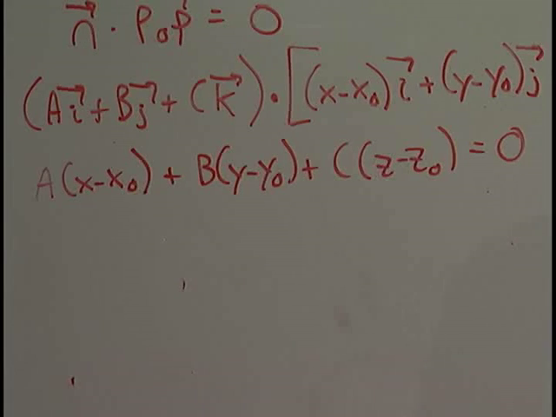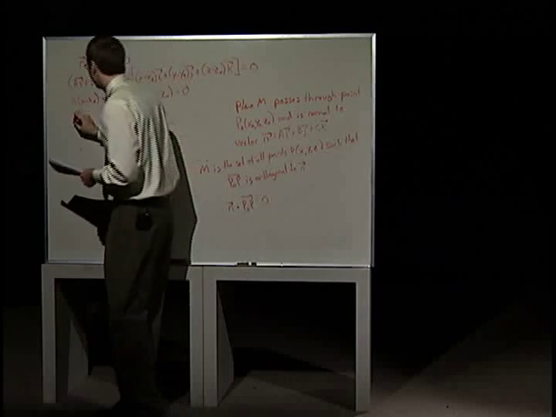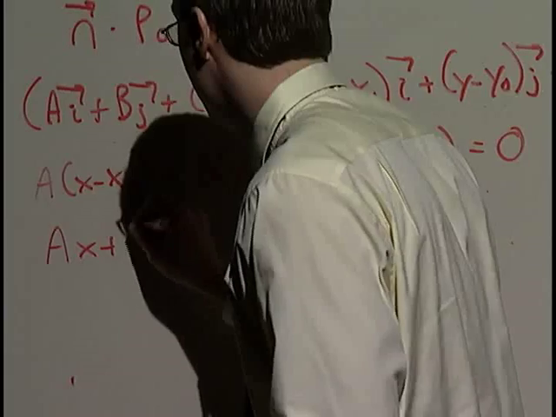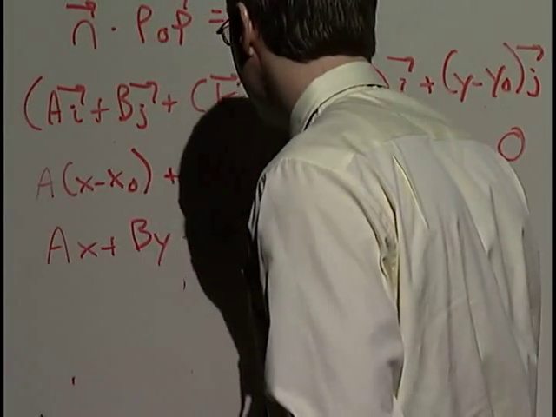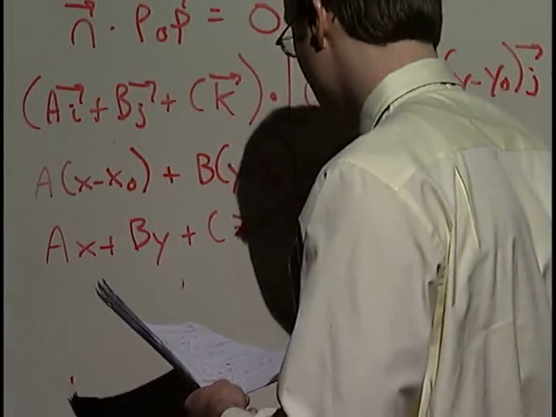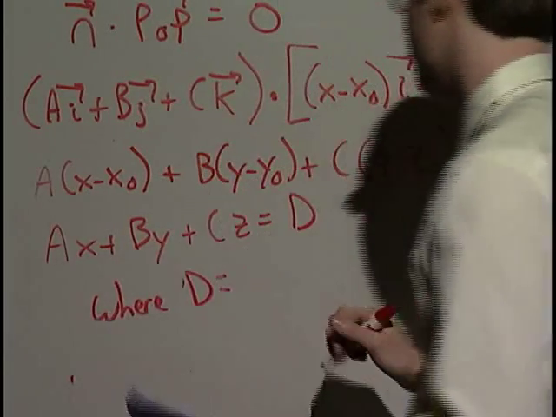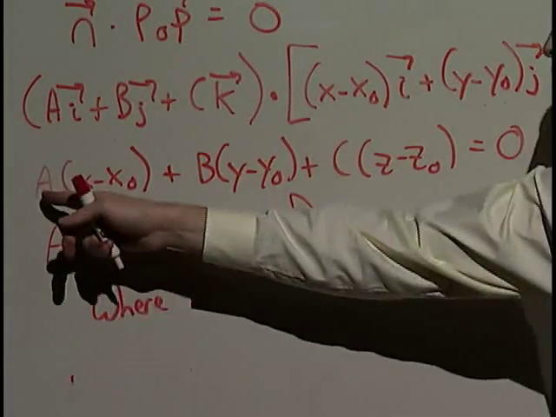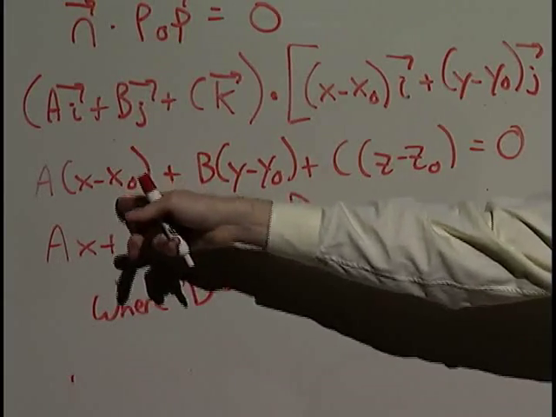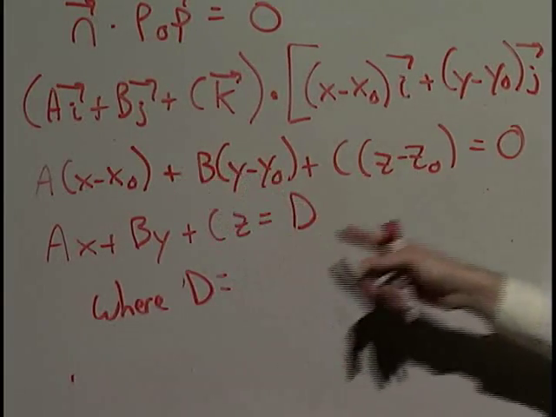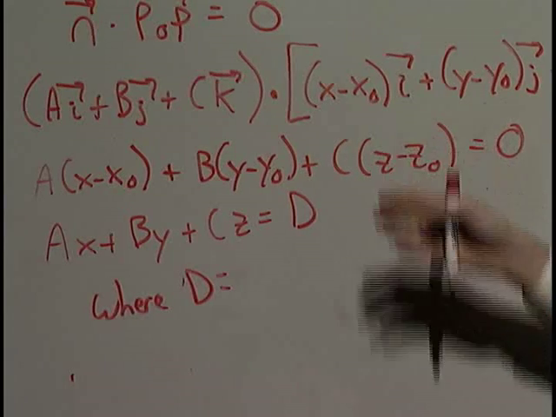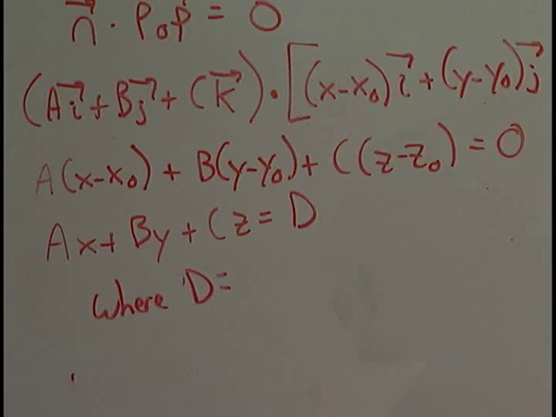And just to make things look a little nicer, I'm going to do a catch-all constant term. ax plus by plus cz equals d. And d will be our catch-all constant term. I would have had a negative ax naught, and a negative by naught, and a negative cz naught hanging around. Those are all constants because I know the values of all those things.